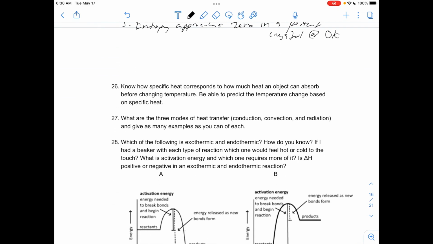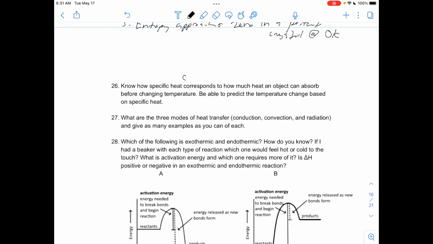Okay, heat capacity corresponds to how much heat an object can absorb before changing temperature. That's what we call specific heat, or C. For example, and this would be given to you, these values are constant. 4.18 joules per gram degree Celsius is water. Water has a very high specific heat capacity compared to lead.